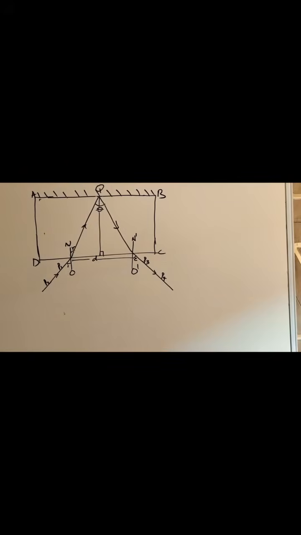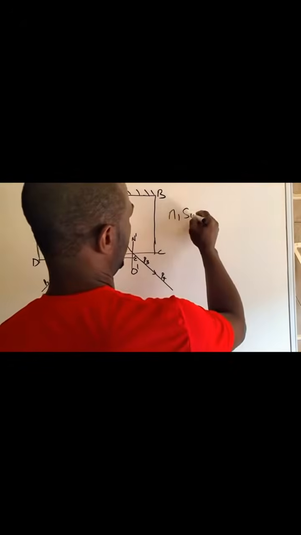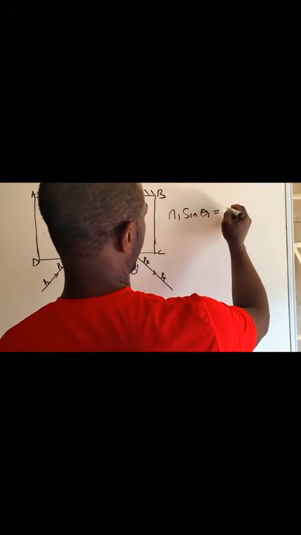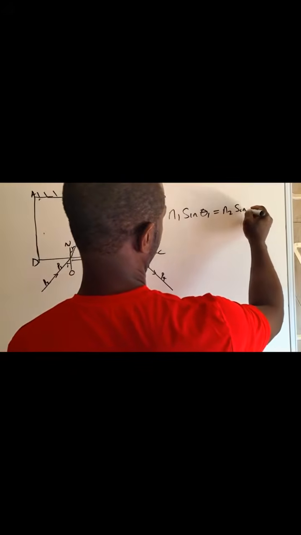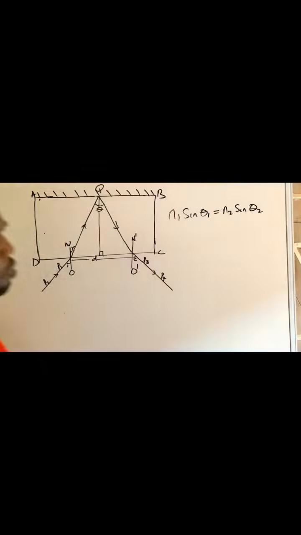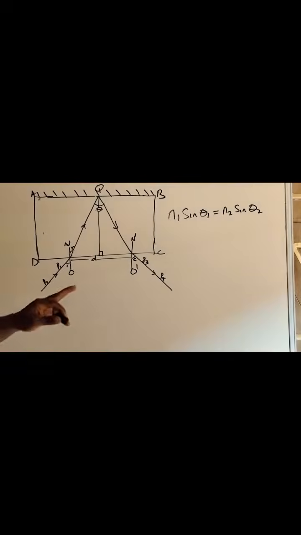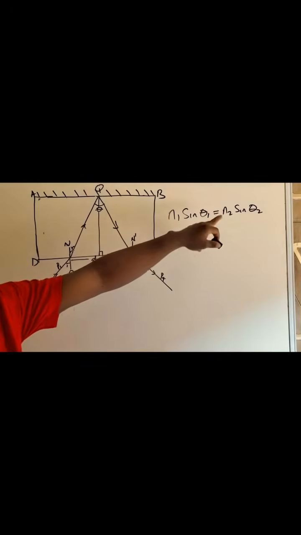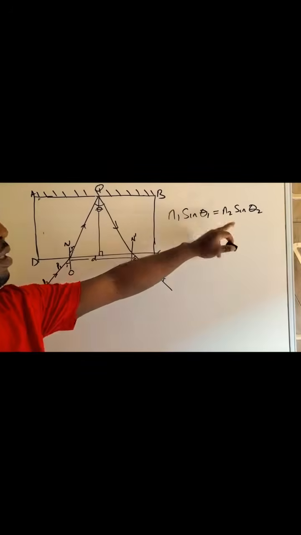To do that, we apply Snell's law for two different media, which says n1 sine theta 1 equals n2 sine theta 2. Now n1 refers to the refractive index of air, n2 refers to the refractive index of glass.